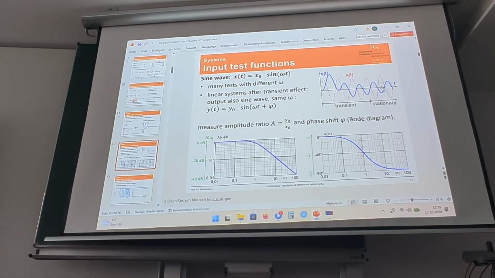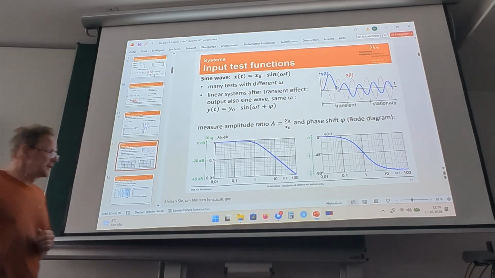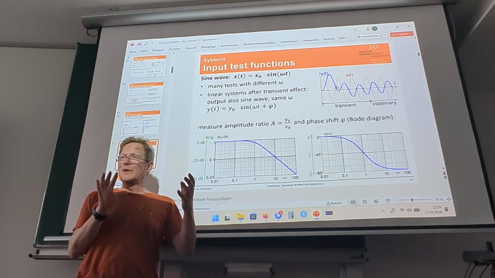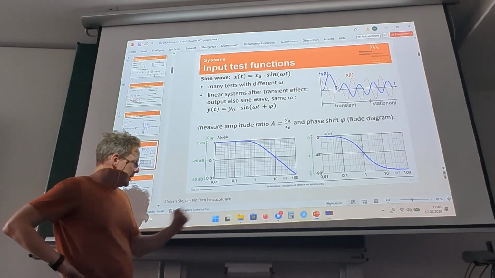And that has to do with the phase, because the output is then always also a sine wave, the sine of omega t, and we can include here this phase. Okay, so you test your system with this oscillation, but not with only this one, but with many, many different frequencies. And then you can put together two diagrams.